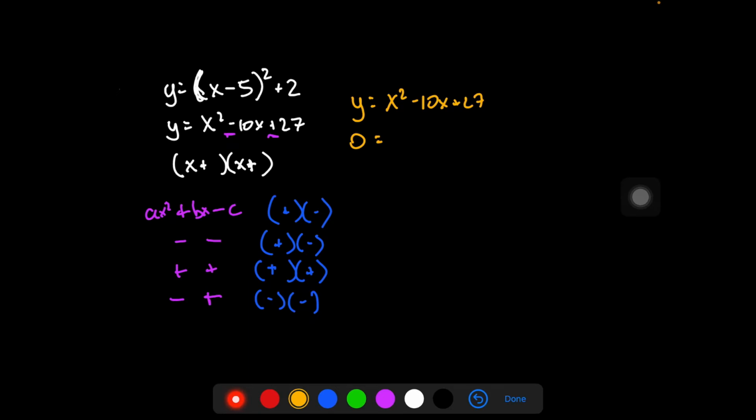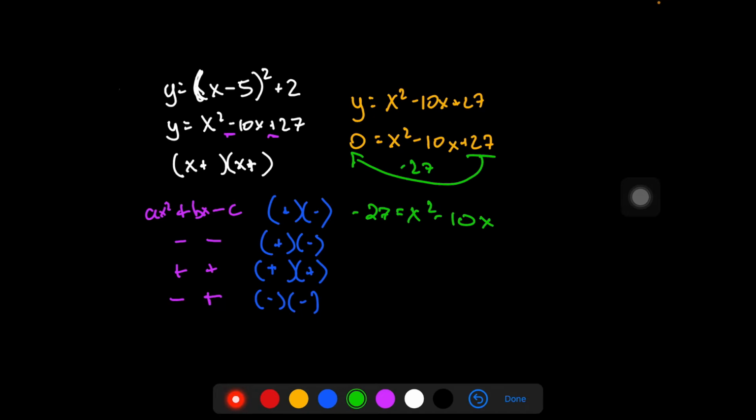So 0 equals x squared minus 10x plus 27. Let's just move that 27 over to the other side. We undo addition with subtraction, minus 27. So we'll get negative 27 is then equal to x squared minus 10x.